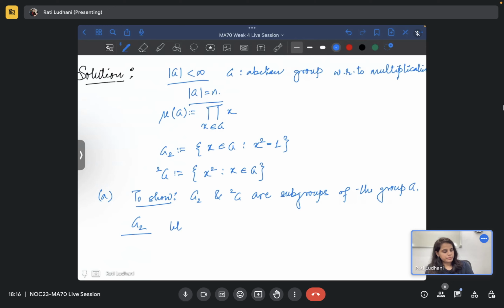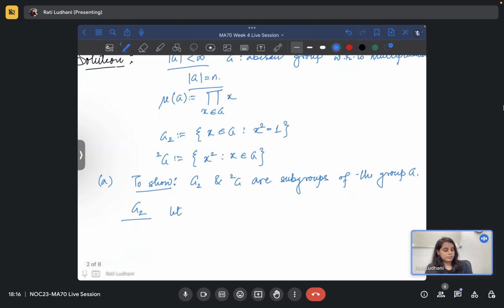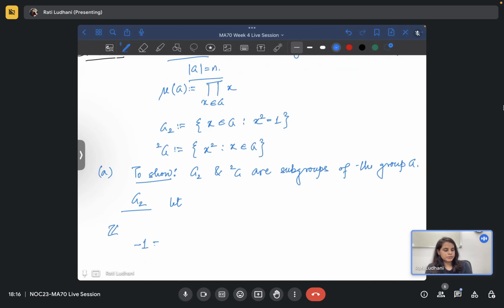For example, Z is an infinite set, generated by 1, but we cannot write minus 1 as a positive power of this. So we cannot do it for infinite groups, but here we can do that.